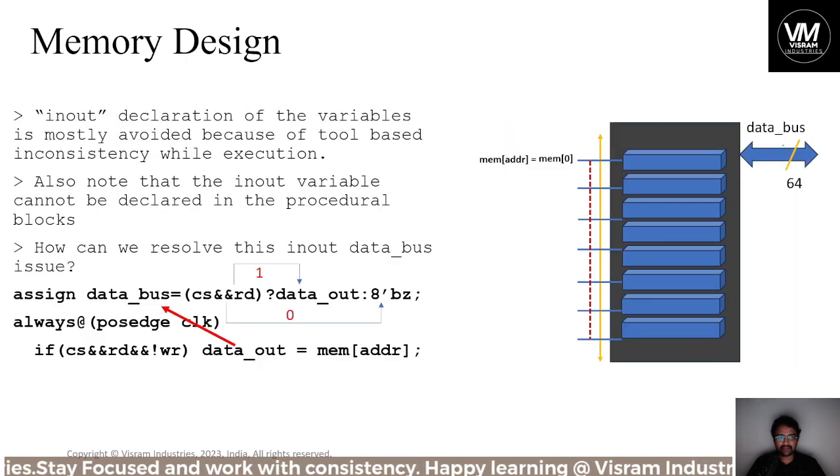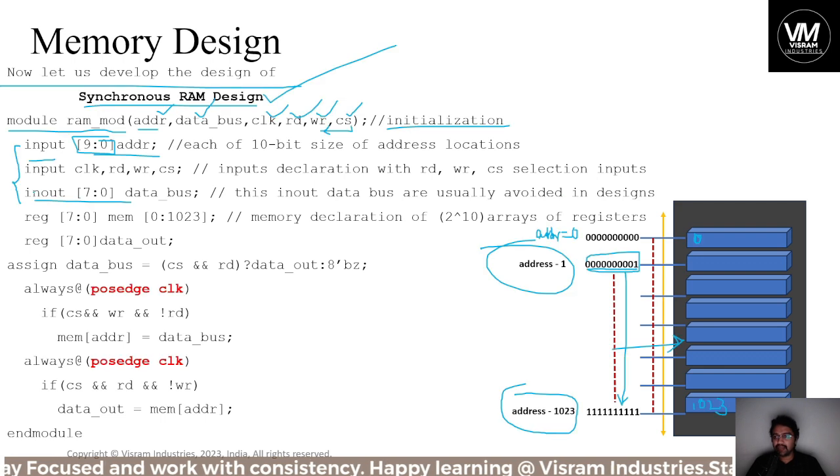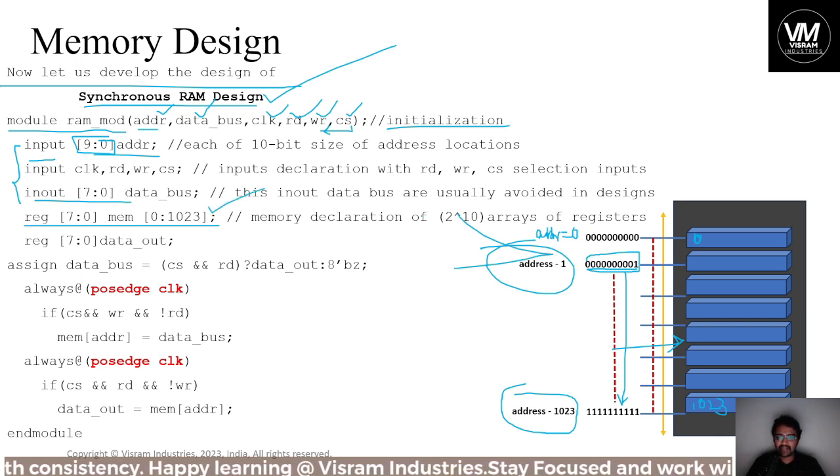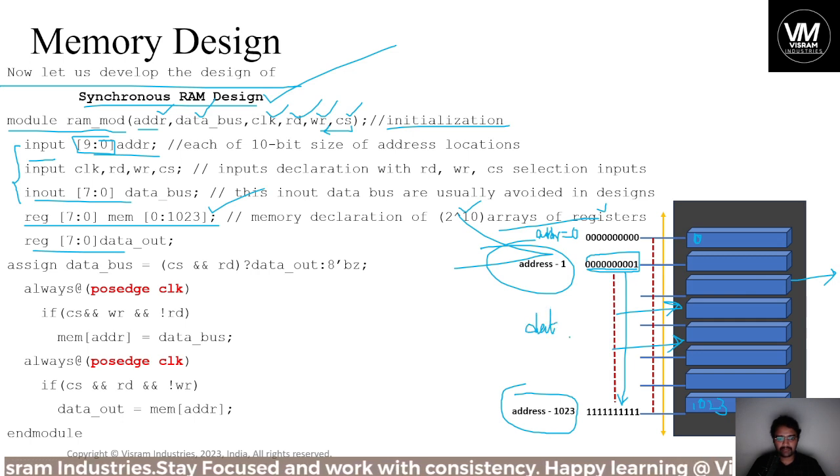Then reg: the memory declaration of 2 power 10 arrays of registers is mentioned here, and the output is data out. You have data in as the data bus, and the output is data out.